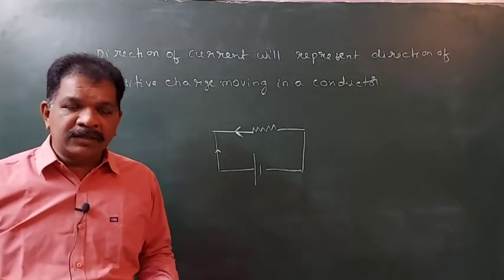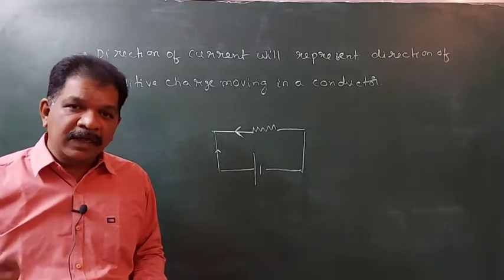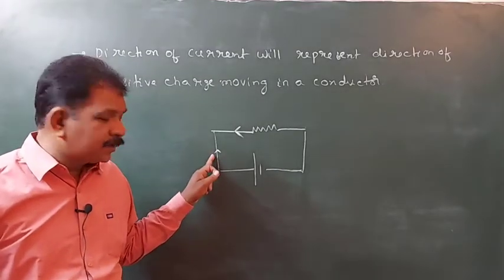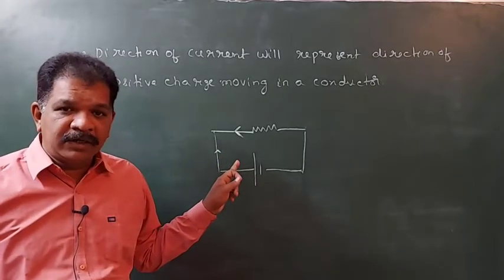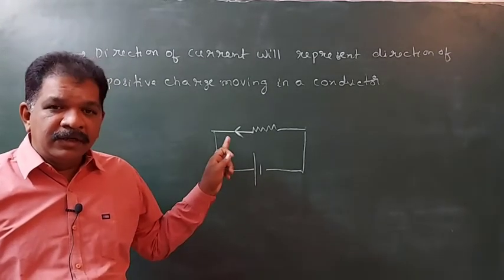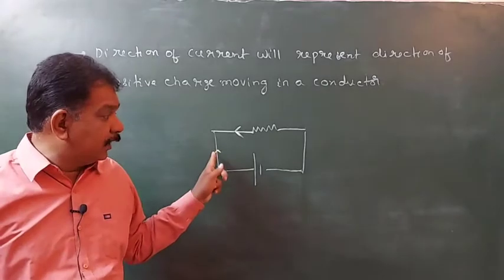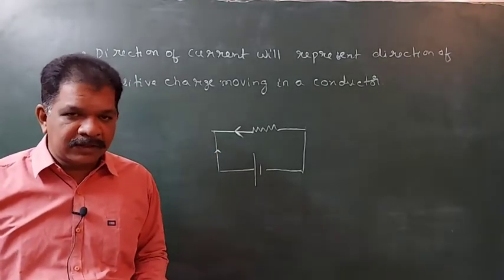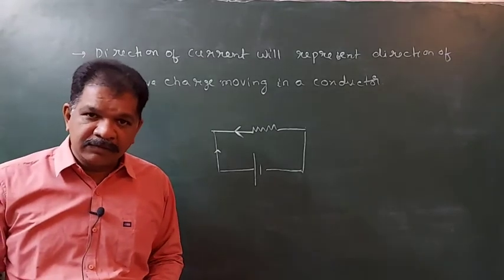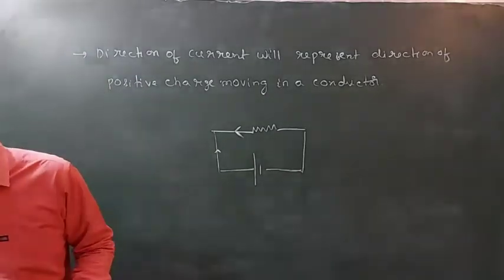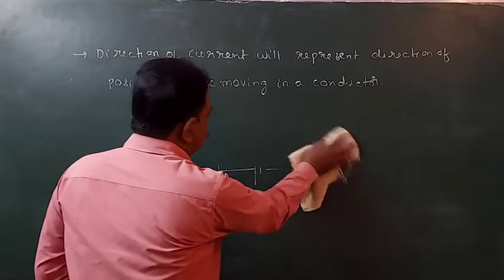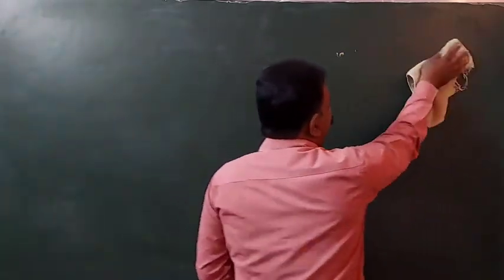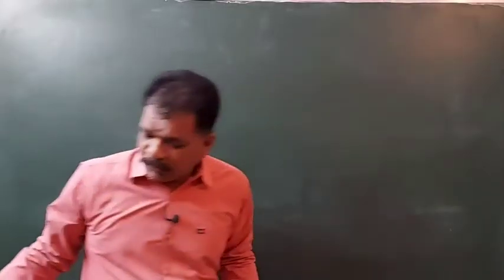Opposite to the direction of electric current, electrons will move. But what is the direction of the electric current? It is representing the direction of positive charge moving in a circuit. Is it understood?